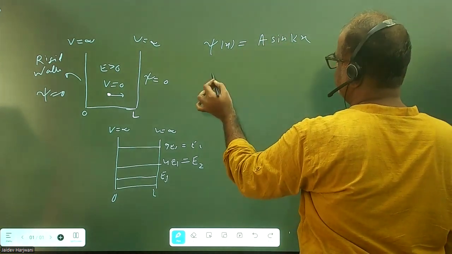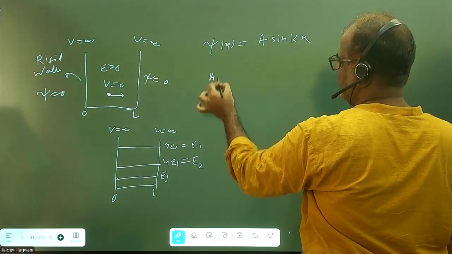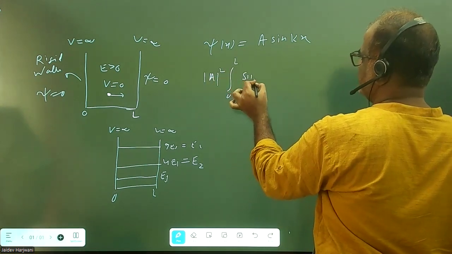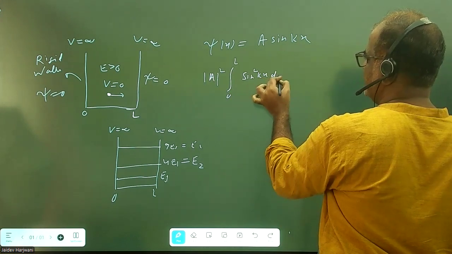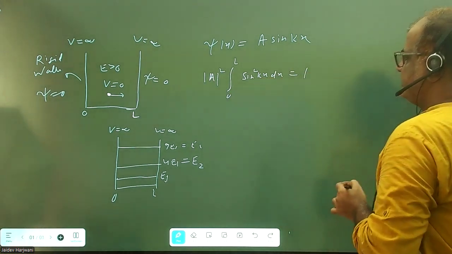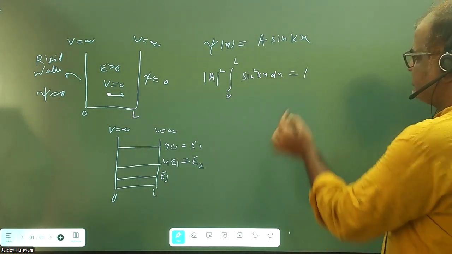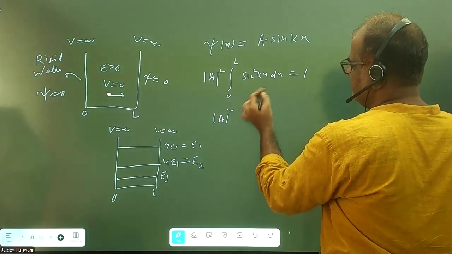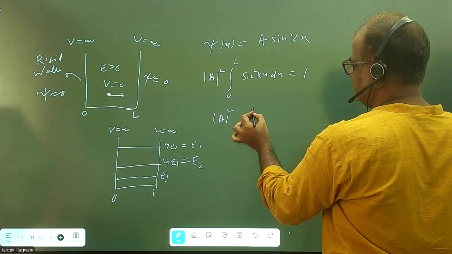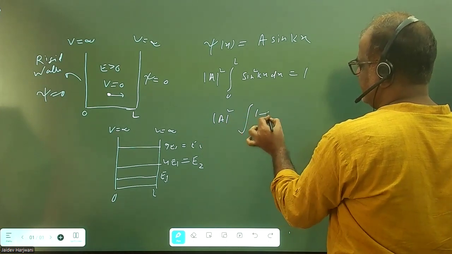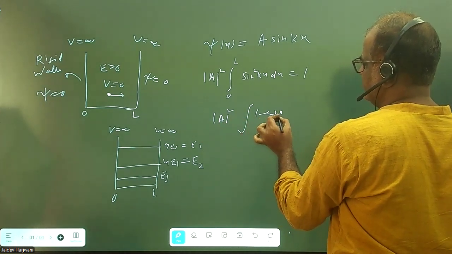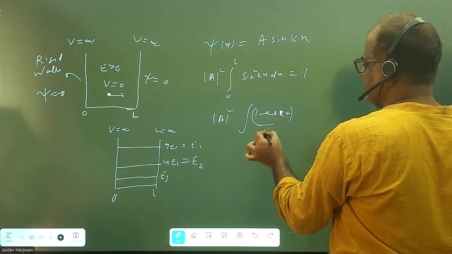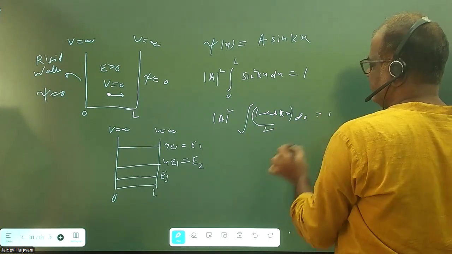If I normalize this wave function, I'll get mod of A square integral 0 to L sin square kx dx equal to 1. And if you solve this, sin square kx is (1 minus cos 2kx) upon 2, dx equal to 1.